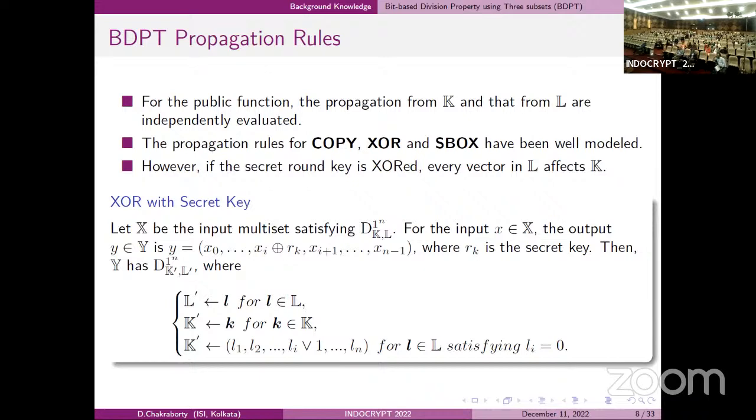So that is a union of two sets: the previous K sets and some new elements constructed from the L set. This clearly shows that there is a transition of elements from the set L to the set K dash.